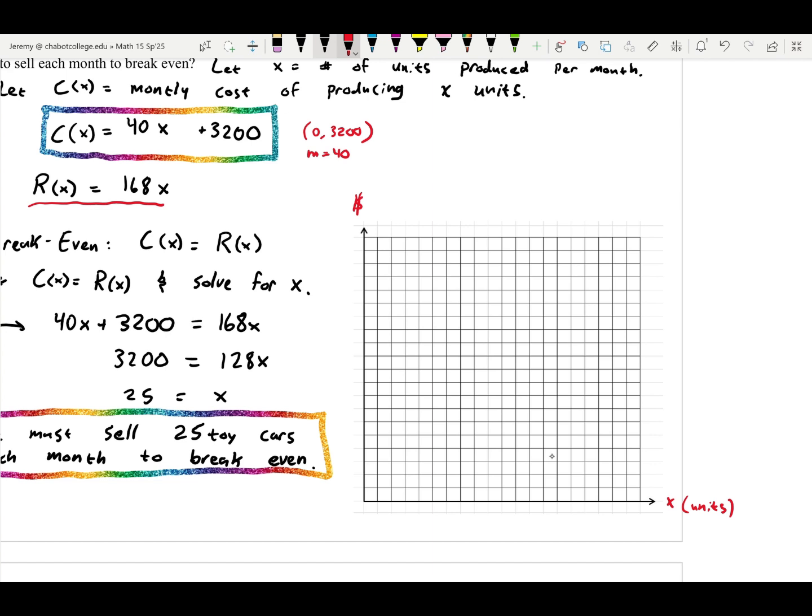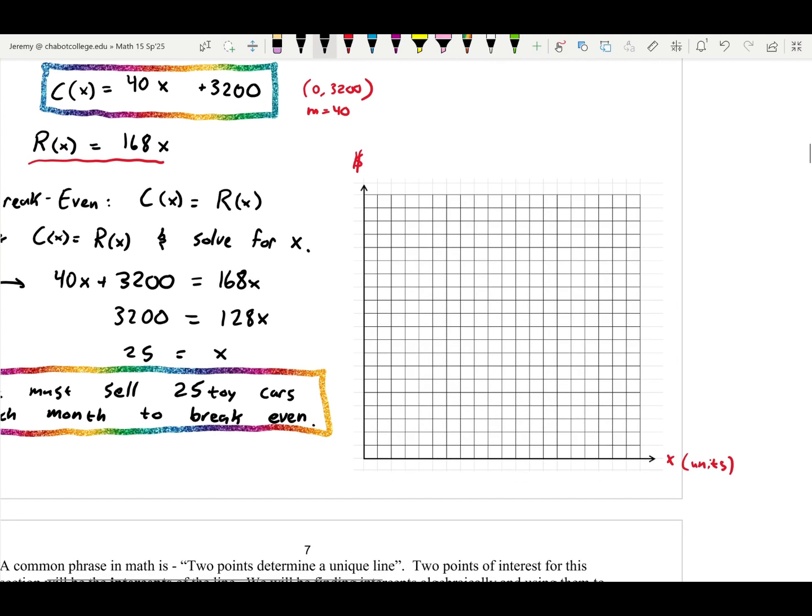And notice that I only have so many tick marks on my dollar axis here. So I want to be careful about how I set my scale. I have to be able to make it to at least 3,200 and actually higher because this is a positive slope. So here's how I think I'm going to set my scale.